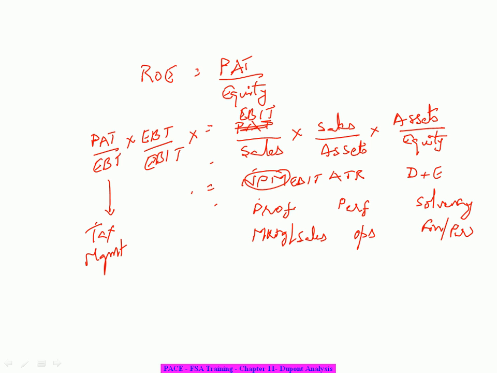That is what a DuPont analysis typically focuses on. Don't look at the ROE at a big level as one single number and say that the company has done well compared to the competitors. Even if it has done well, probably out of these five there might be one or two areas of improvement. When the competitor is able to do better tax management than you, you can improve your tax management and give even better value to your investors.